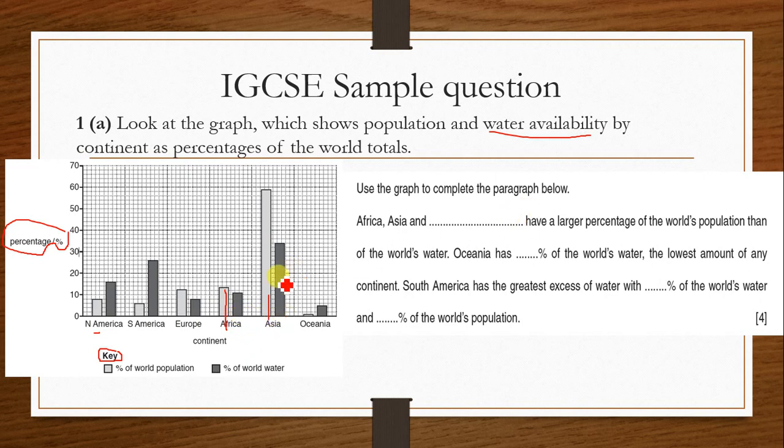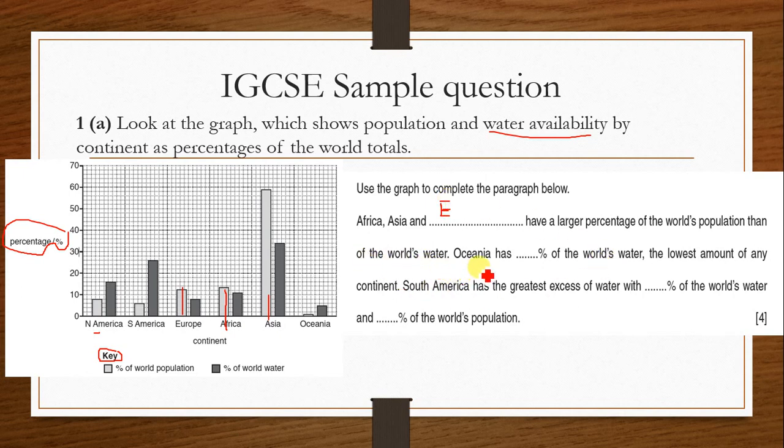And which other continent? If you look at Europe here too, it has a larger percentage of the world population than water. So you just write your Europe here. It gives you your mark.